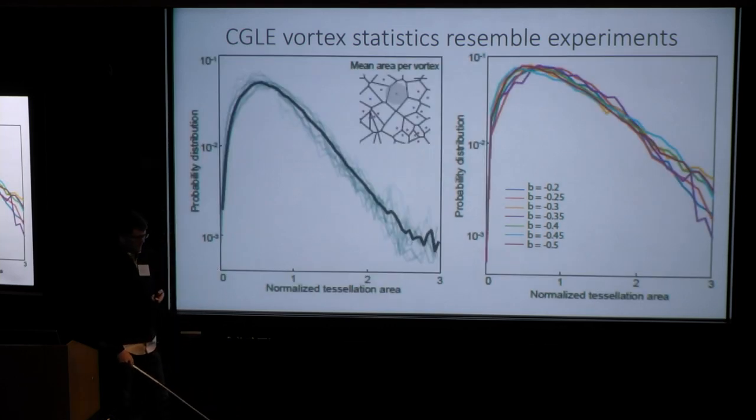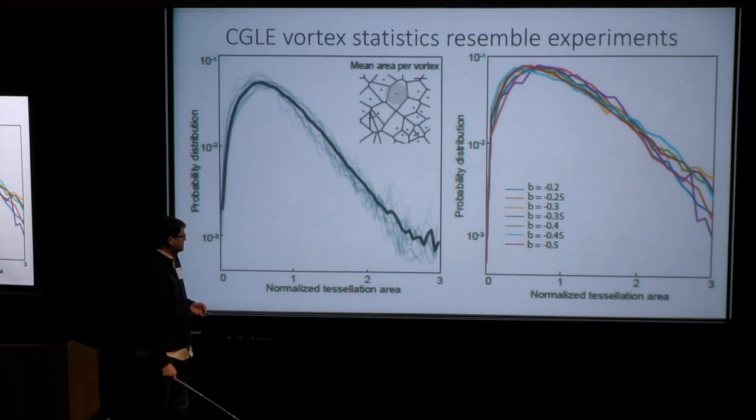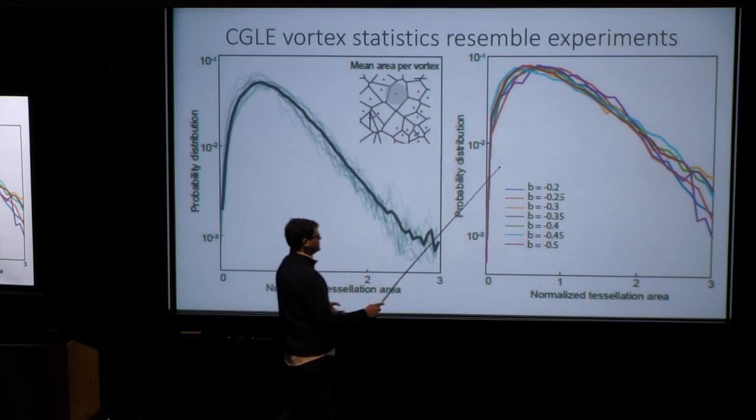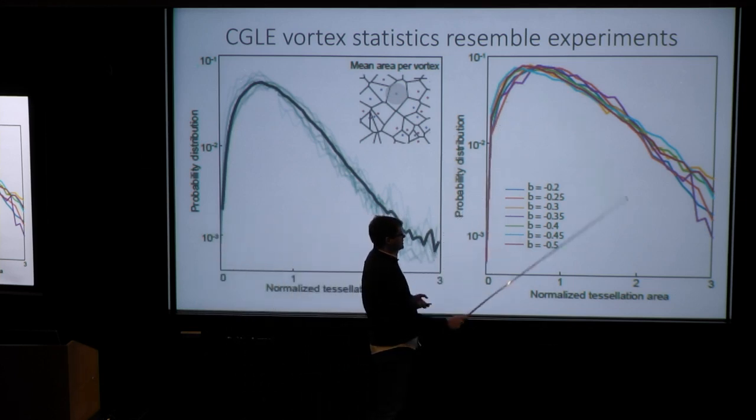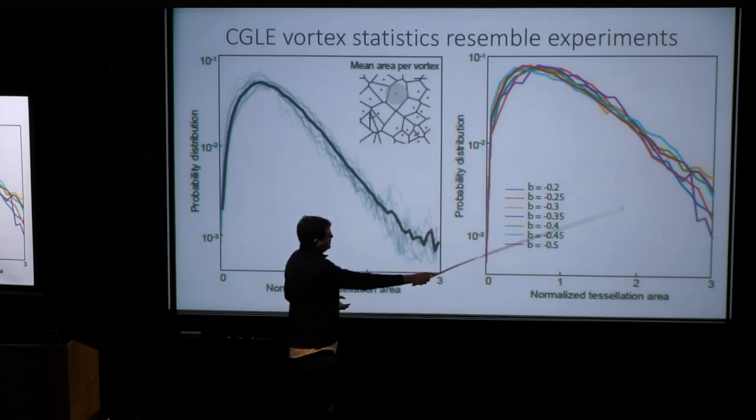And then further, if we go to looking at the vortex area distribution, which we've heard a lot about today in various talks, ditto. So again, the experimental data from before, and this is what you see at various points in the Ginzburg-Landau space. And you again get this exponential tail, semi-log plots of exponential tail.